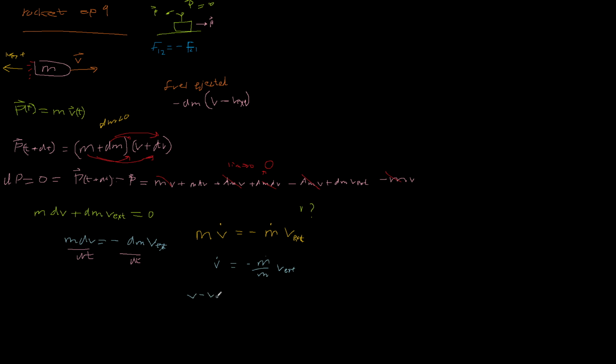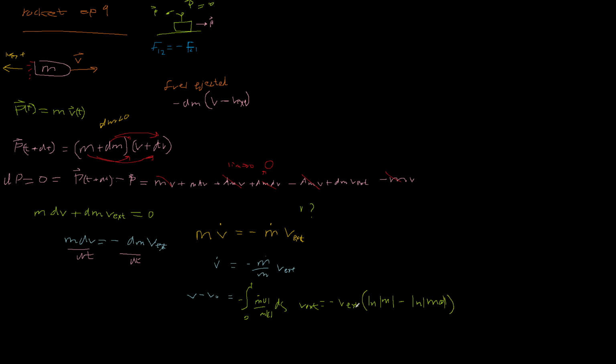We get v minus v naught equals the integral from 0 to t of negative m dot s over m s ds times v external, and this is going to give us negative v external times the natural log of m minus the natural log of m at 0.